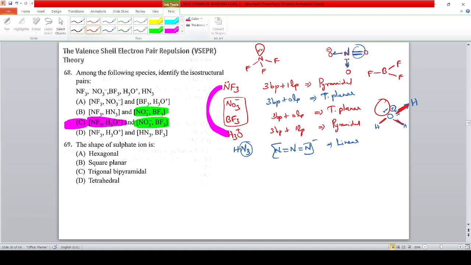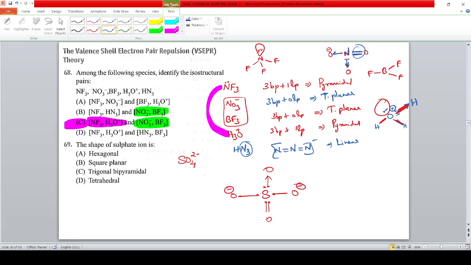Going for 69. The shape of sulfate ion. What is sulfate? It is nothing but SO4 2 minus. Sulfur has 6 valence electrons. 1 towards this oxygen, 2 towards this oxygen, 3, 4, 5, 6. So this may be a double bond or a coordinate bond, whomsoever it may be, don't worry about this. But these two fellows will be carrying a negative charge.